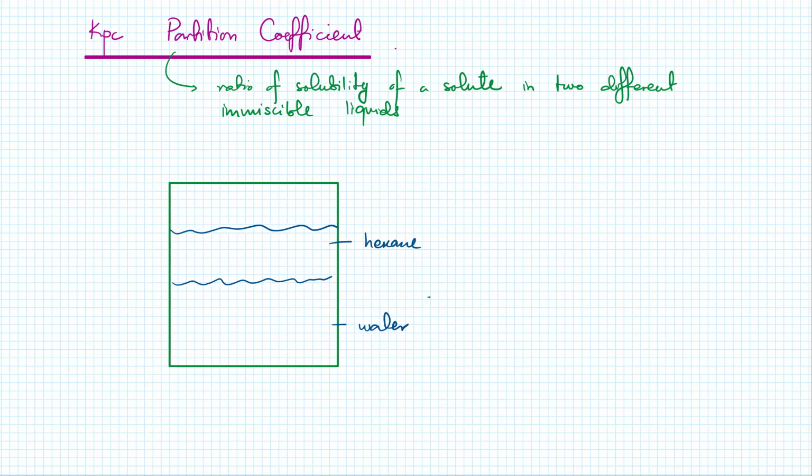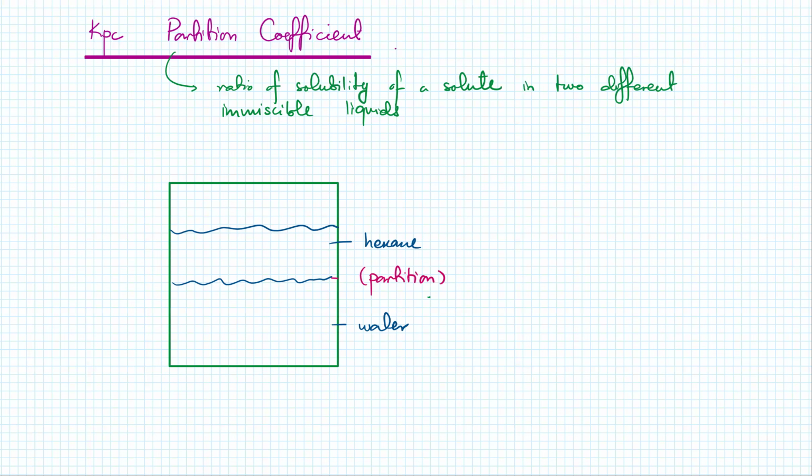Now they're going to form two separate layers because they're completely insoluble in each other. और ये जो middle part है, that's the division. That's known as your partition. So there's going to be a boundary separating the two layers. ठीक है, that's what your partition is.